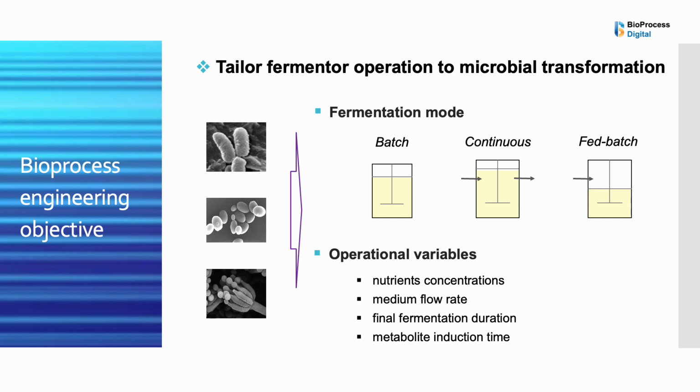Key factors in fermenter design include selection of the appropriate operating mode, batch, fed batch, or continuous, depending on the process requirements and microbial cells' kinetics, optimization of operational parameters, such as substrate concentrations, feeding flow rate, induction timing for metabolite or protein expression, and fermentation duration. These factors play a decisive role in enhancing process efficiency, ensuring robust cell performance, and achieving optimal fermentation outcomes.